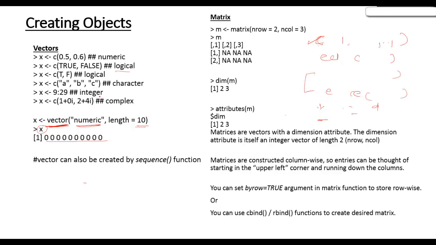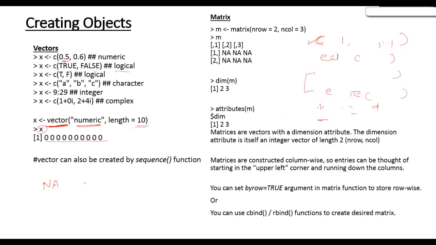In fact, one integer and another numeric or double is also not possible. So either it does implicit type conversion, or it won't show you an error but will give NA.